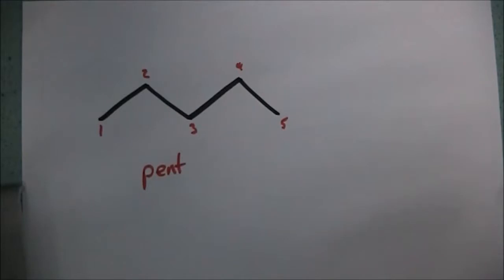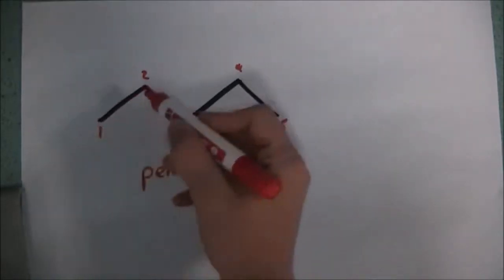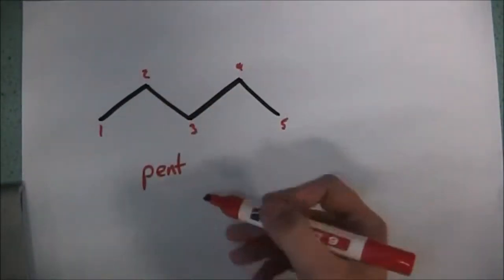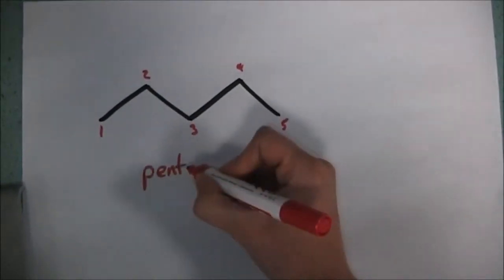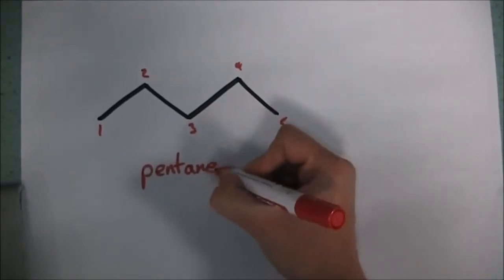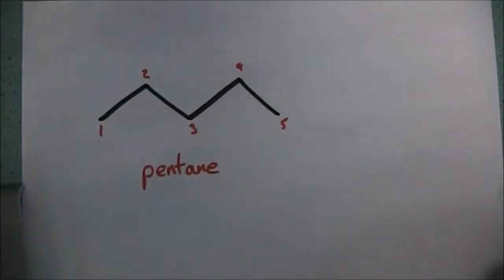So something with five of anything, we use the prefix pent, and because this is just a carbon chain with hydrogens, it belongs to the alkane family, and we replace that with pentane.